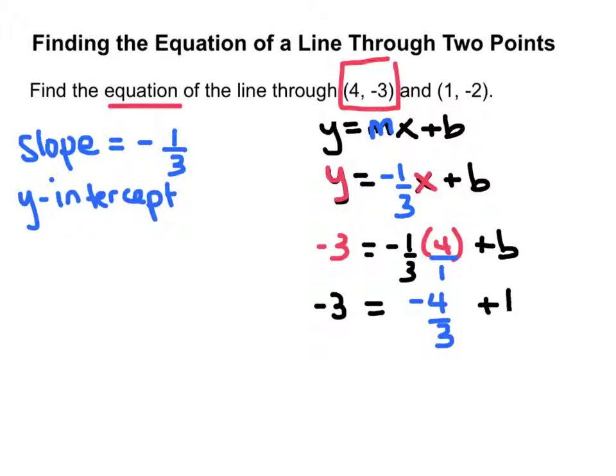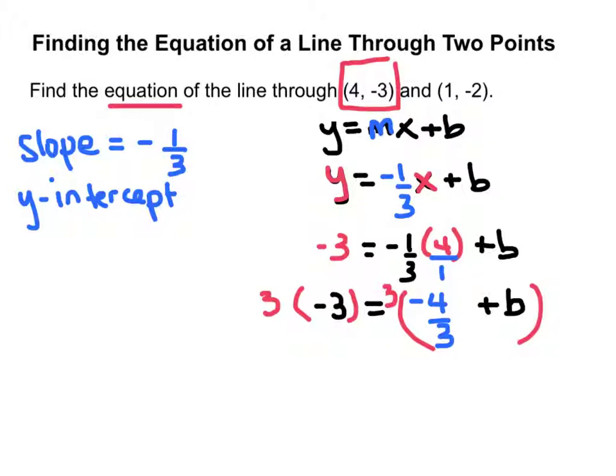I'm going to rewrite my plus b. And since I don't have my calculator with me right now, I will clear fractions from the equation by multiplying both sides by the LCD, which is 3.